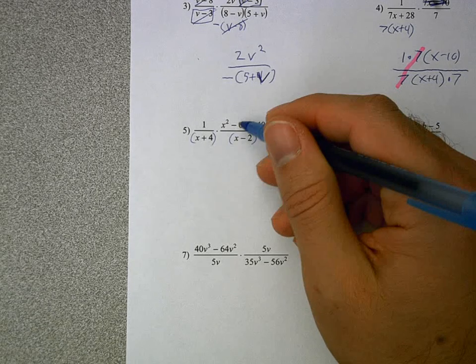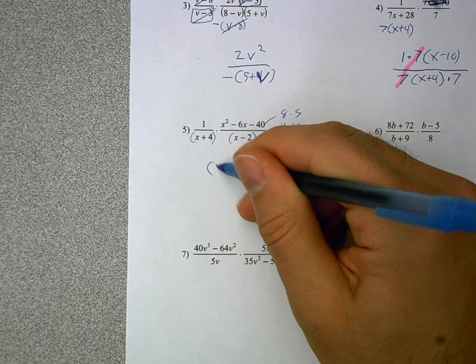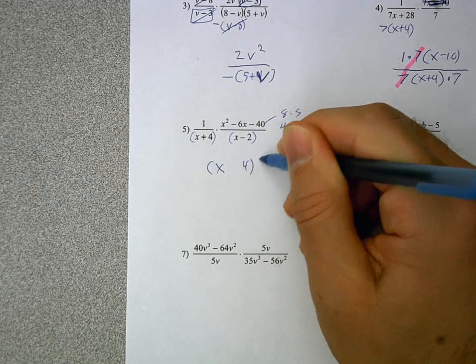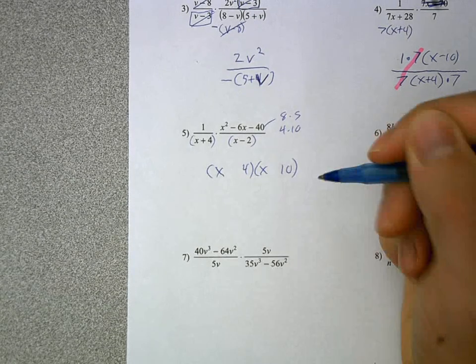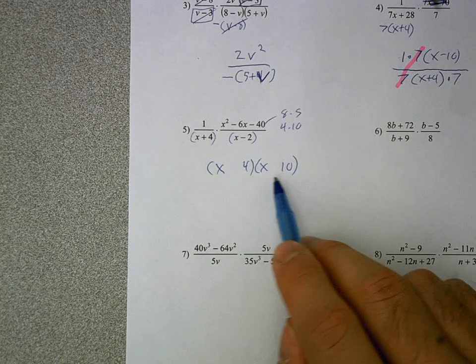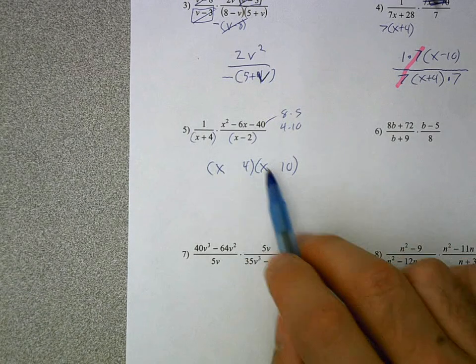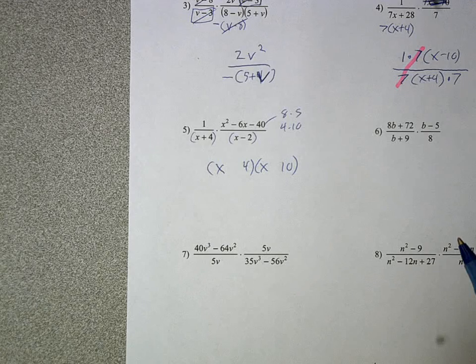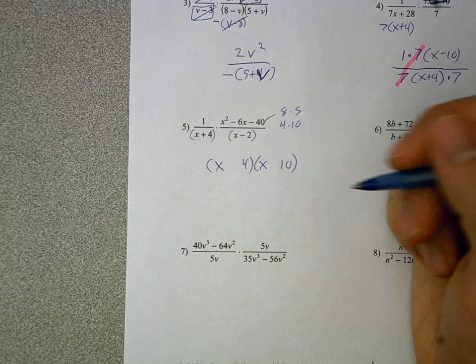So I'm going to factor that. X and 4, x and 10. What signs am I putting in there to make sure it matches exactly? Brandon, what do you think? How am I going to make this multiply to negative 40 but add up to negative 6? Positive and negative. So positive 4?